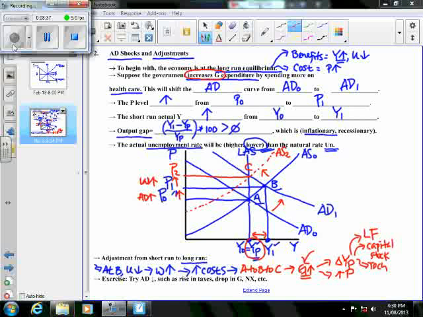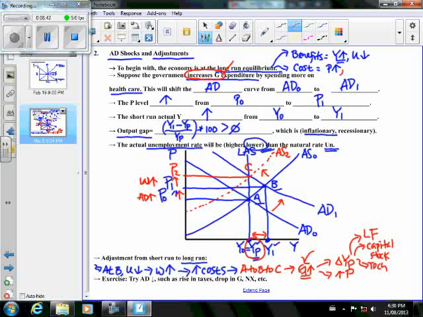So in the end, increasing G to create jobs is a very short-term solution, and what this would mean is towards the end, there will be no change in Y, and all we get is the price level would just increase even further.